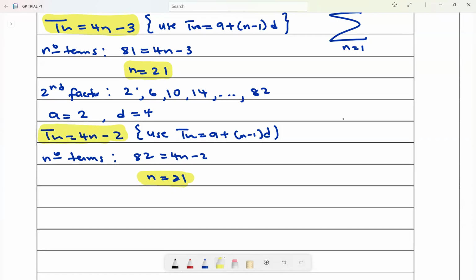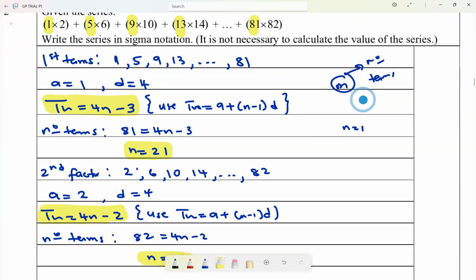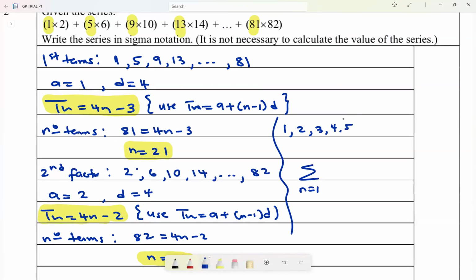Okay. Now I want to show you something. Remember, normally when we have just a pattern, let me say 1, 2, 3, 4, 5. When we have sigma, we say sigma with n equal to 1, and then the number of terms, let's say they end at 50.